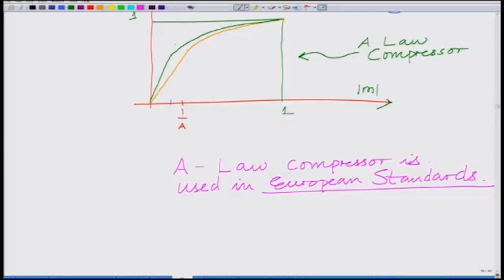So, the A law compressor is basically used in the European standards. We have seen companding. Companding is nothing but we need different resolutions in different regions of the dynamic range. For the smaller amplitude regions of the samples, we need finer quantization, and in the larger amplitudes we can tolerate coarse quantization, that is, a larger quantization error.